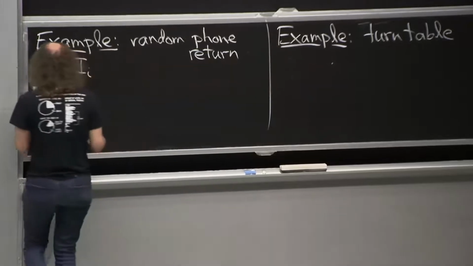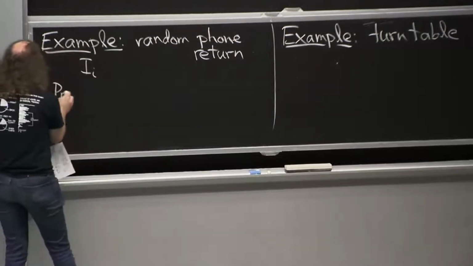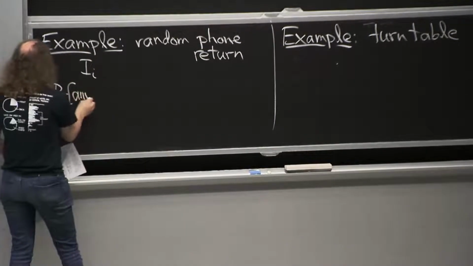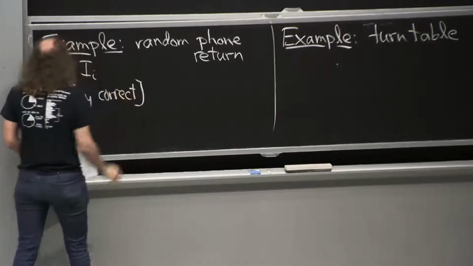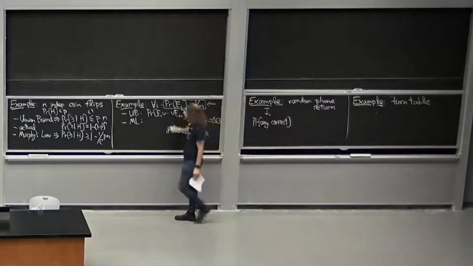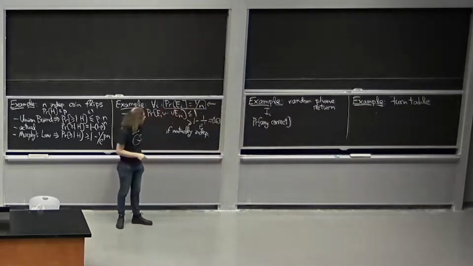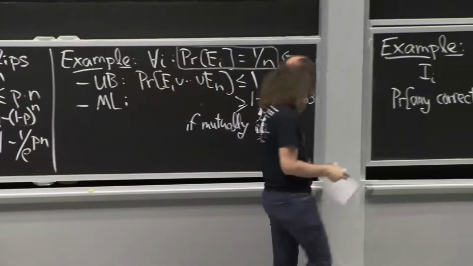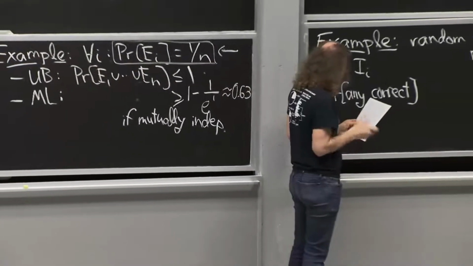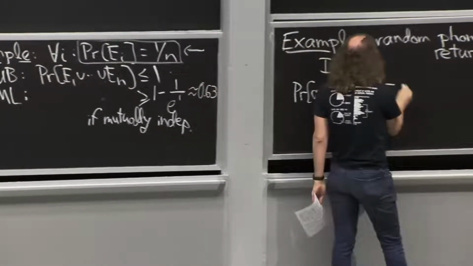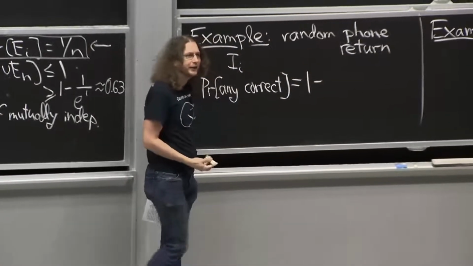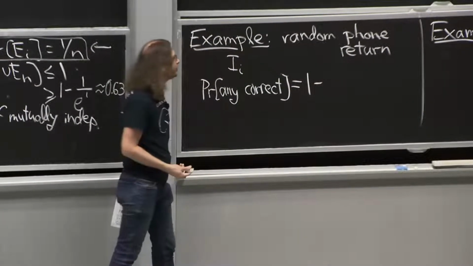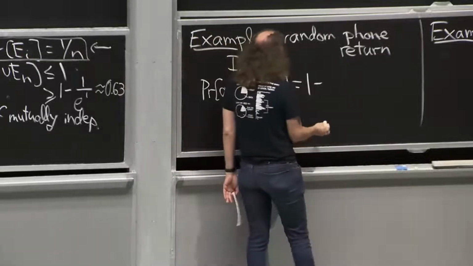And here, I will give you the actual answers. The probability that any phone is returned correctly, that's this probability of the union of the different events. In this case, well, it's easier to compute the probability that no one gets it correctly. This is like the no repeated serial numbers in a dollar bill, kind of.